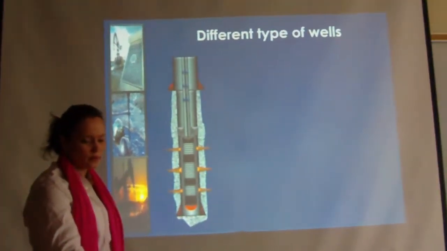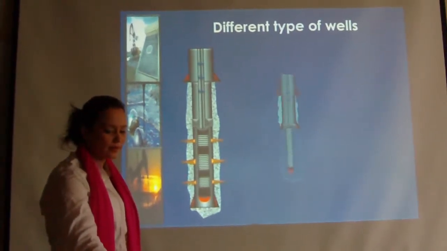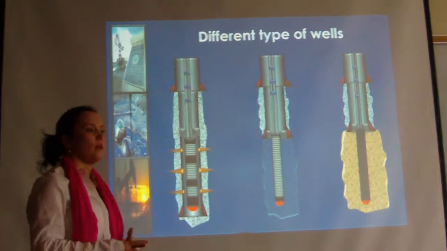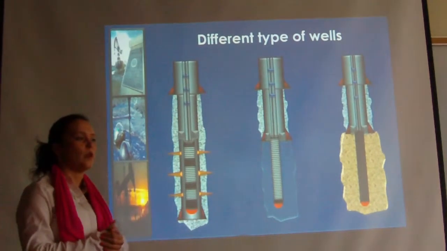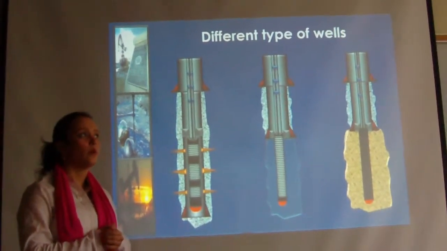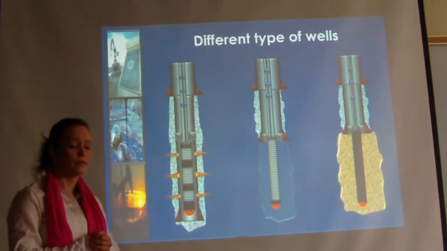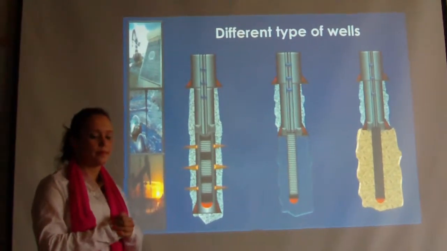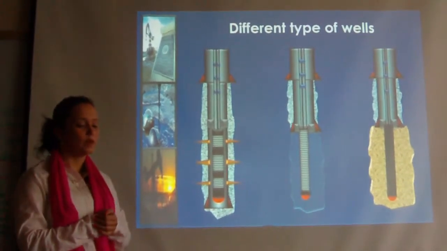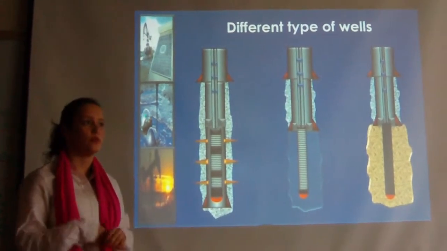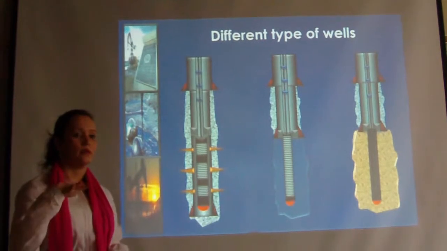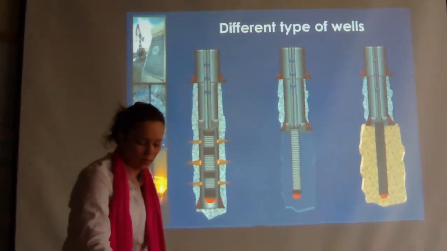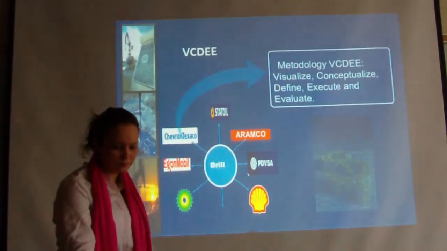I have some examples, and it depends on the ground and on the government regulation, because some countries say you can drill with this fluid or you can go deeper from this depth. It depends on the government of the country.